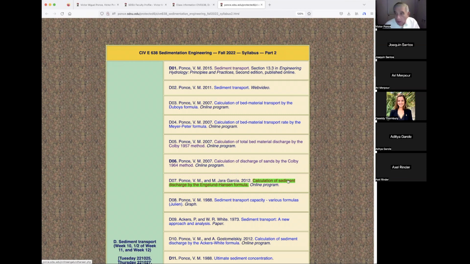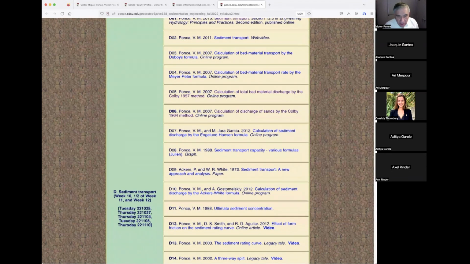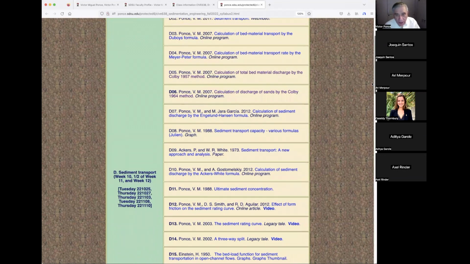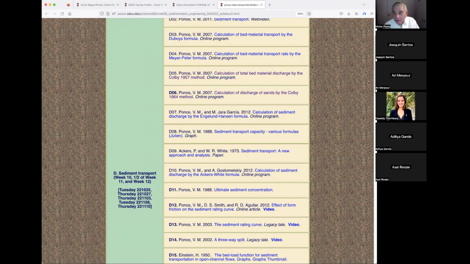And Ackers and White was a very important method because it's purported to be very accurate. Then we move on to the calculation of both Engelund-Hansen and Ackers and White. And at the end, we will get into the D11, which is the paper on ultimate sediment concentration, which I believe is one of our findings too. Not quite, it's a long story, and I'll tell the story when I get there.